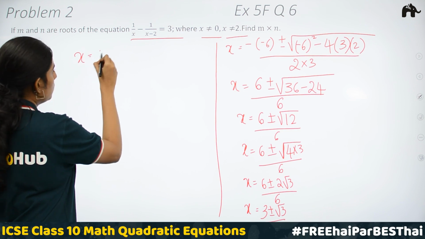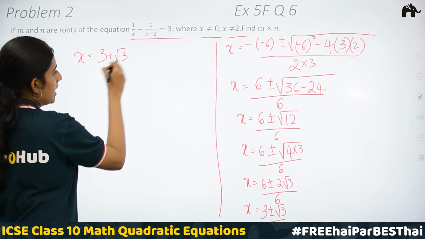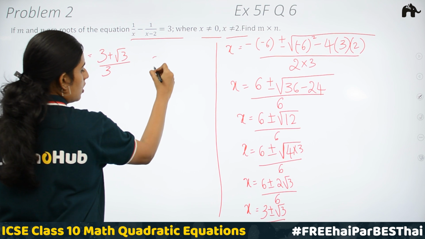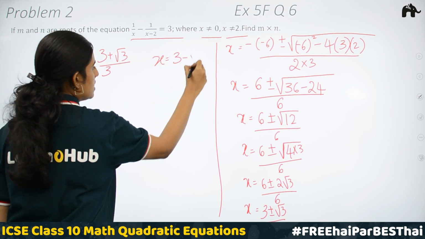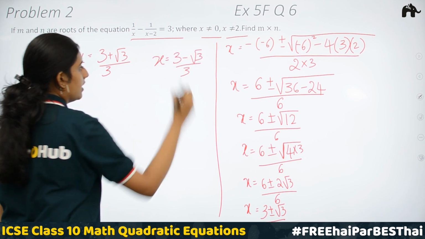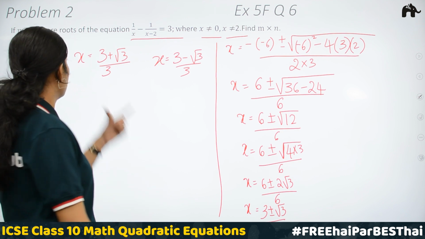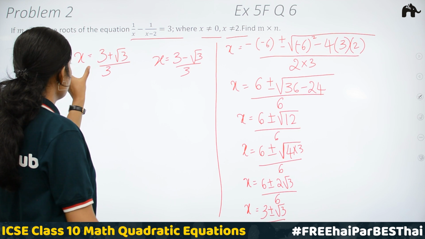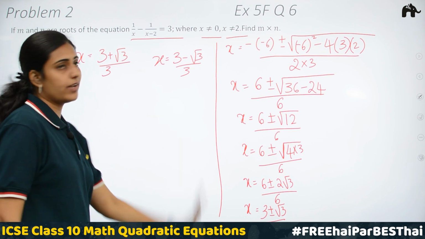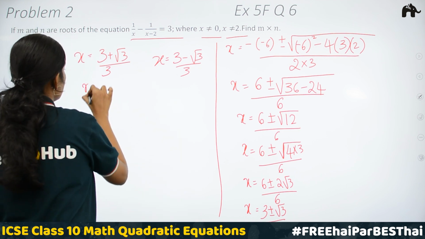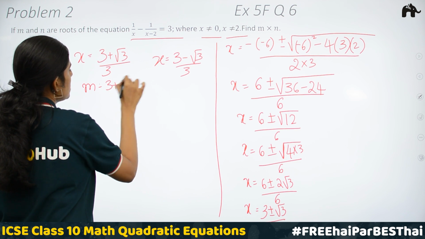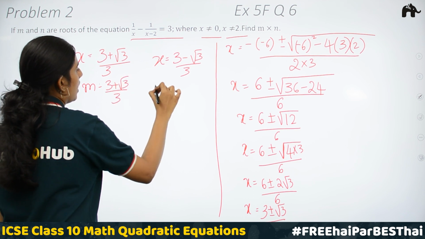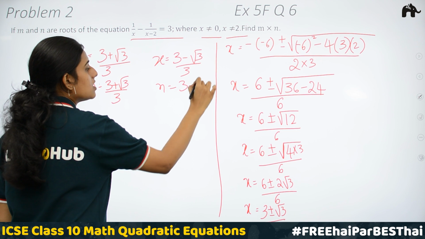x is equal to (3 plus root 3) divided by 3, or x is equal to (3 minus root 3) divided by 3. As we said, m and n are the roots of the equation, which means one value of x is m and the other value is n. m is equal to (3 plus root 3) by 3. n is equal to (3 minus root 3) by 3.